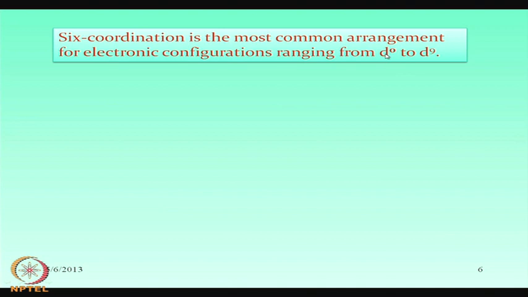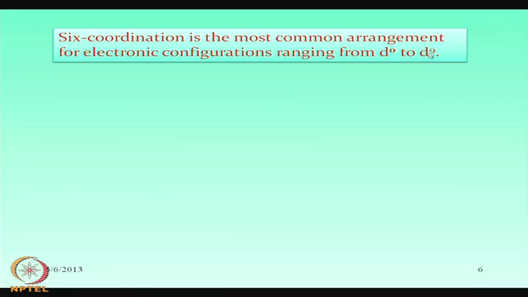So, it is a 4d0 system, but it also prefers a coordination number of 6 in octahedral geometry. Similarly, a d9 system, which is copper 2, we get the corresponding 3d9 situation, and that also gives rise to a typical octahedral geometry.